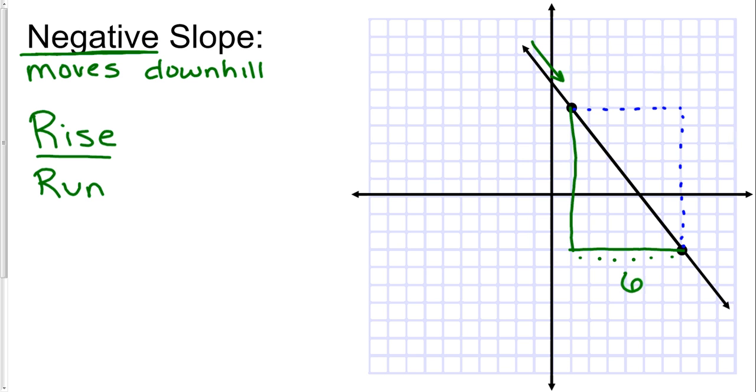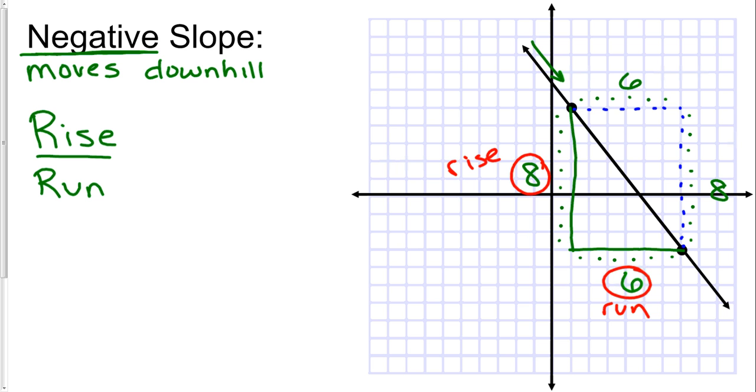And if you look at your rise, 1, 2, 3, 4, 5, 6, 7, 8, the same here. So either way that you draw your triangle, you've got a rise of 8 and a run of 6.